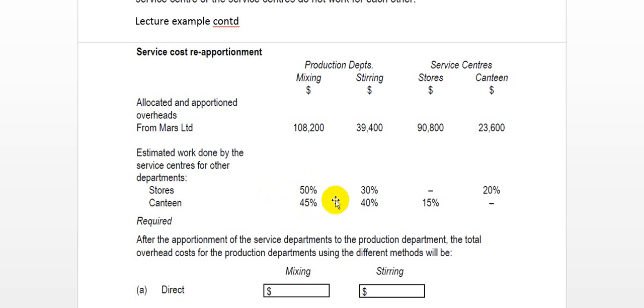You are told the estimated work done by the service centers for other departments, you are given percentages there. So under the direct method, the stores is benefiting 20% from the canteen.